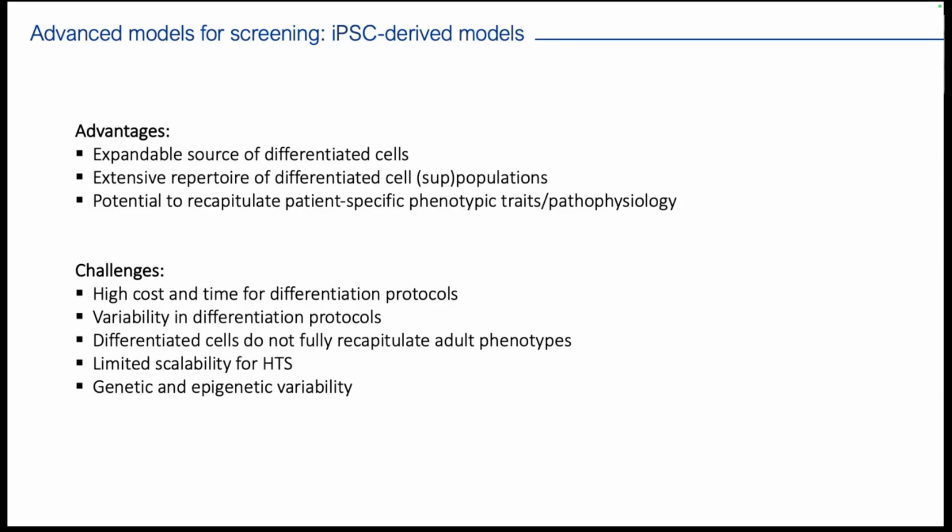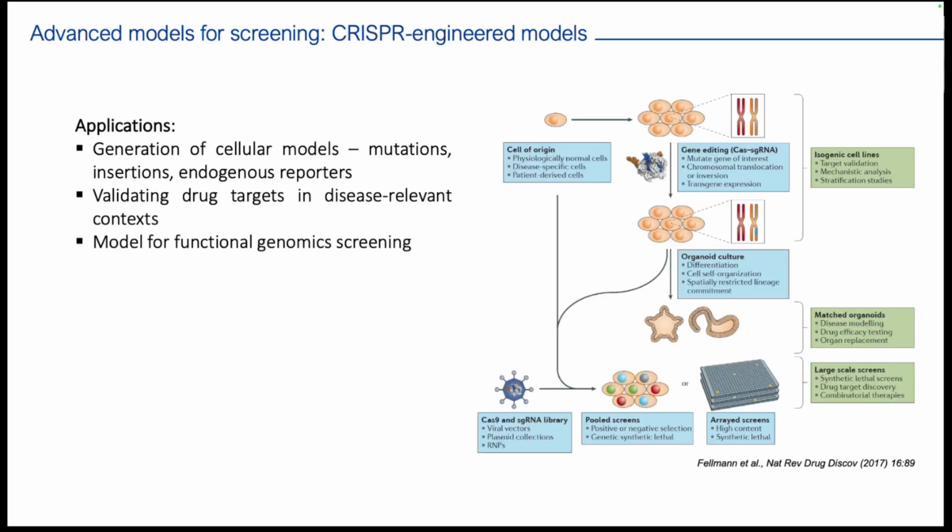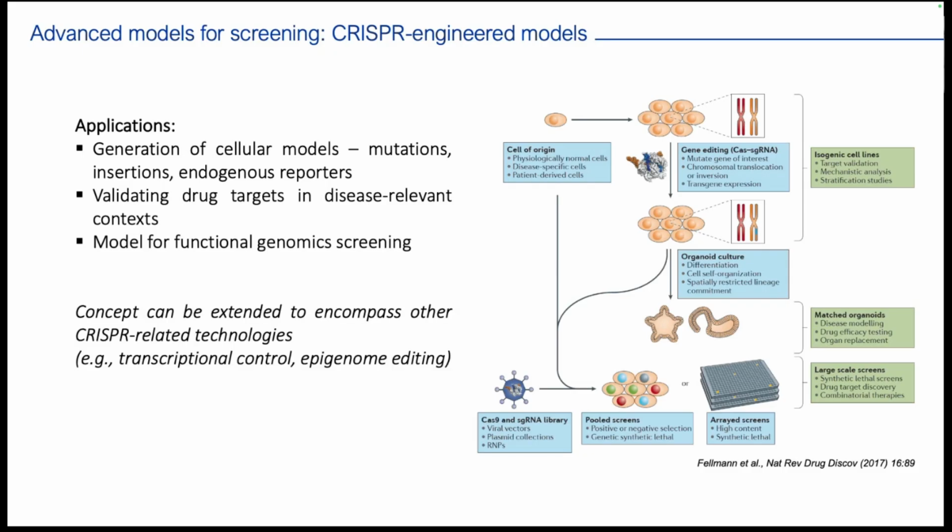So this is another point. And the other one that could also be plugged in is to use CRISPR cells to create isogenic models, for example, or to validate targets or to create cells for then doing screening.